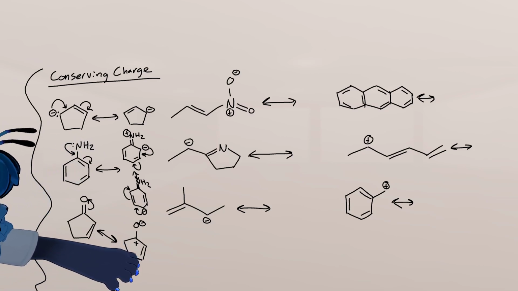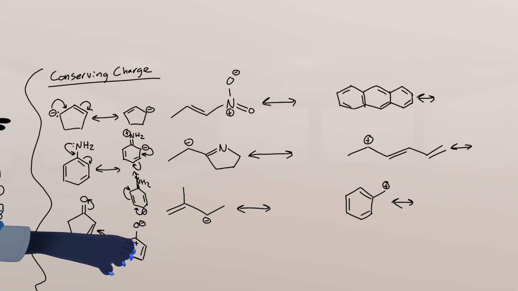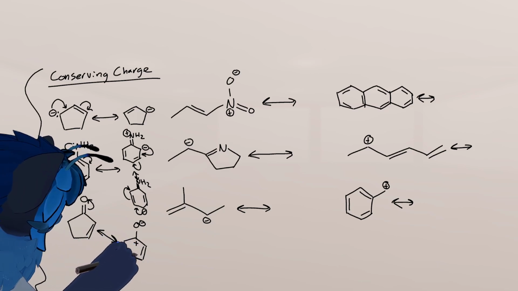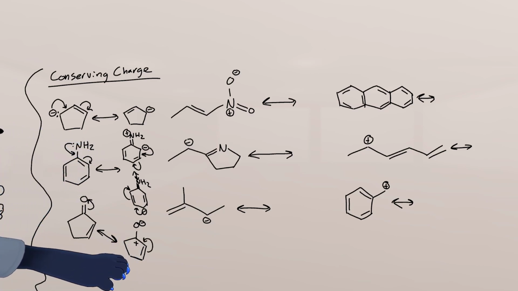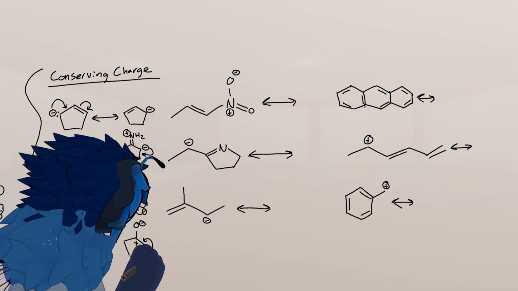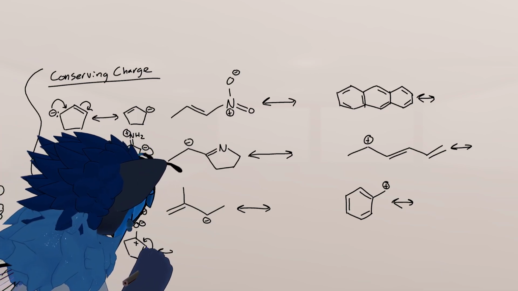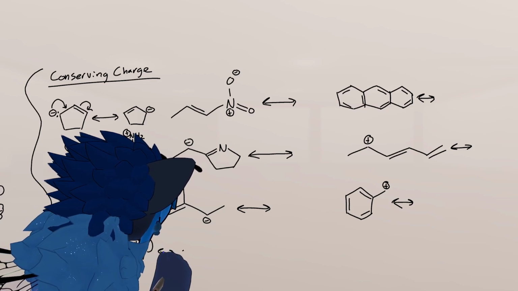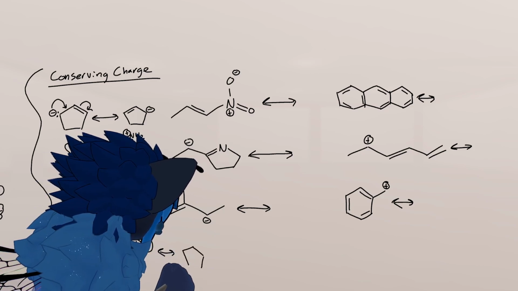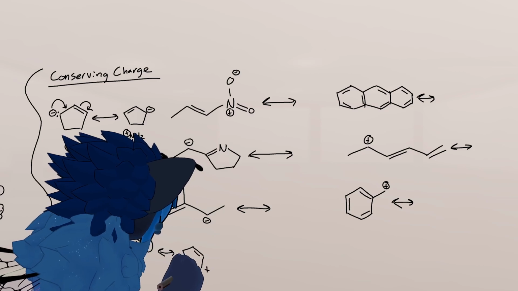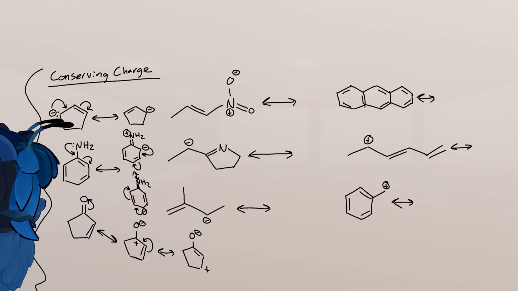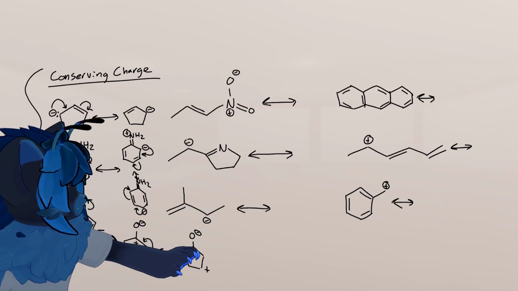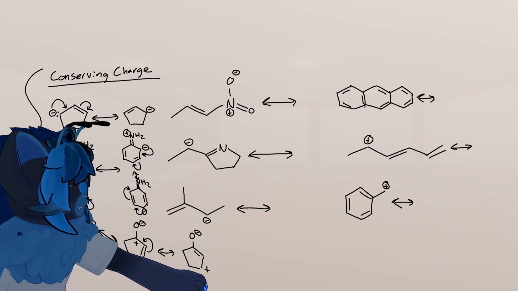Now, this double bond can move to that positive charge. It does have resonance with that because we see when that double bond moves to that other carbon, the positive charge gets moved all the way down to this carbon down here.